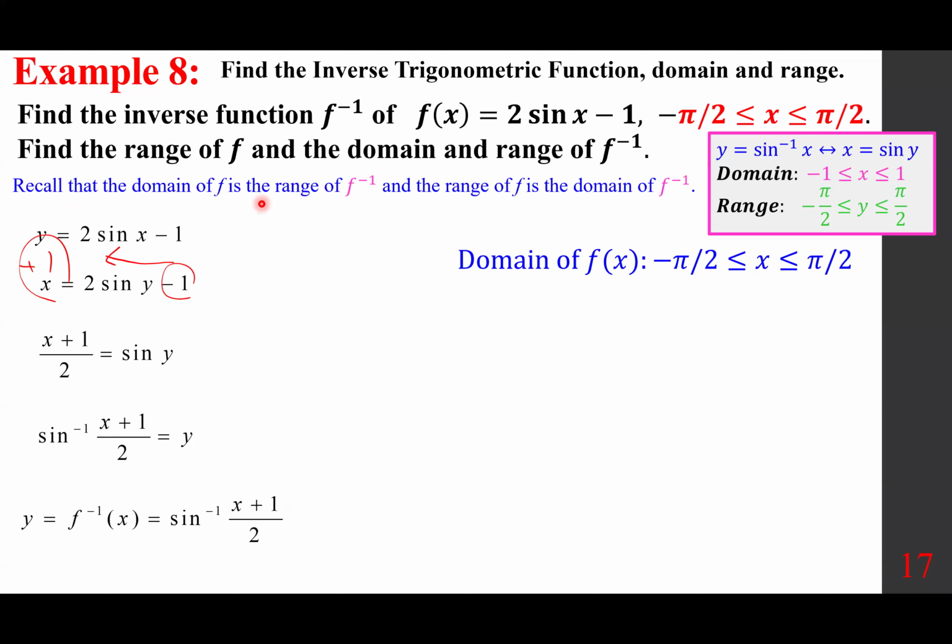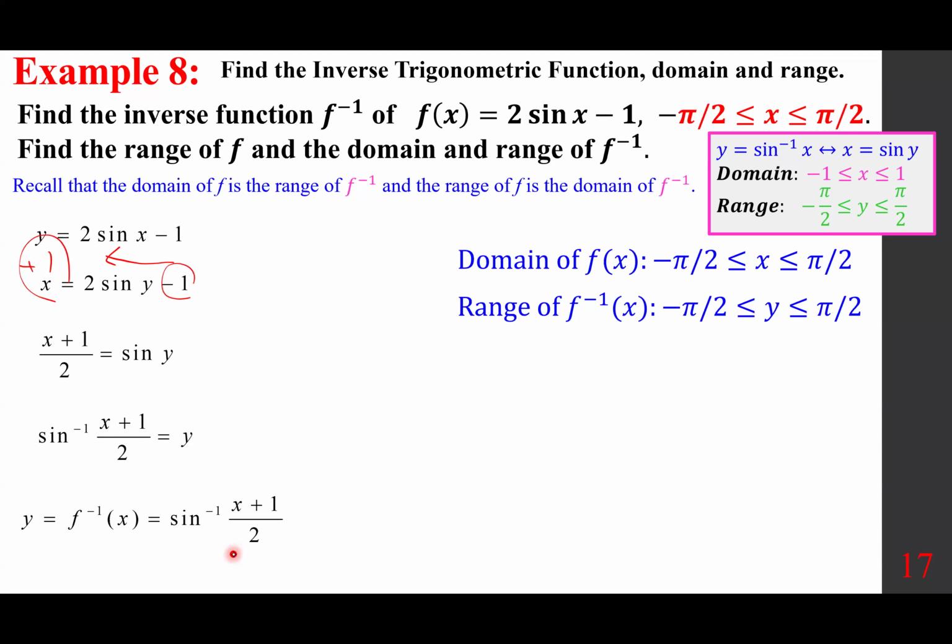Recall that the domain of f is the range of f inverse, and the range of f is the domain of f inverse. Therefore, the range of f inverse is the same thing. Y is between negative pi over 2 and pi over 2.